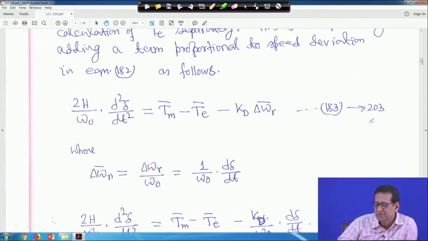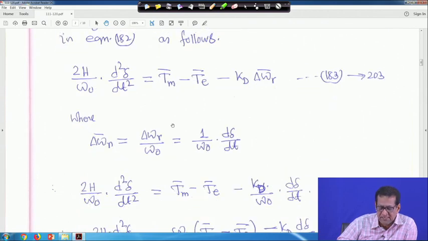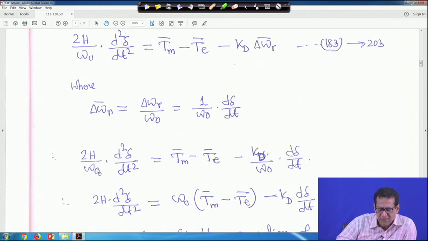Again, I am telling you, this is my class note, for my own reference. So T m bar minus T bar minus k d into delta omega bar, this damping term is added, where delta omega bar, as I told you earlier, is delta omega r upon omega 0, which is 1 upon omega 0 into d delta by dt. Therefore, 2H by omega 0 d square delta upon dt square is equal to T m bar minus T bar minus k d term.